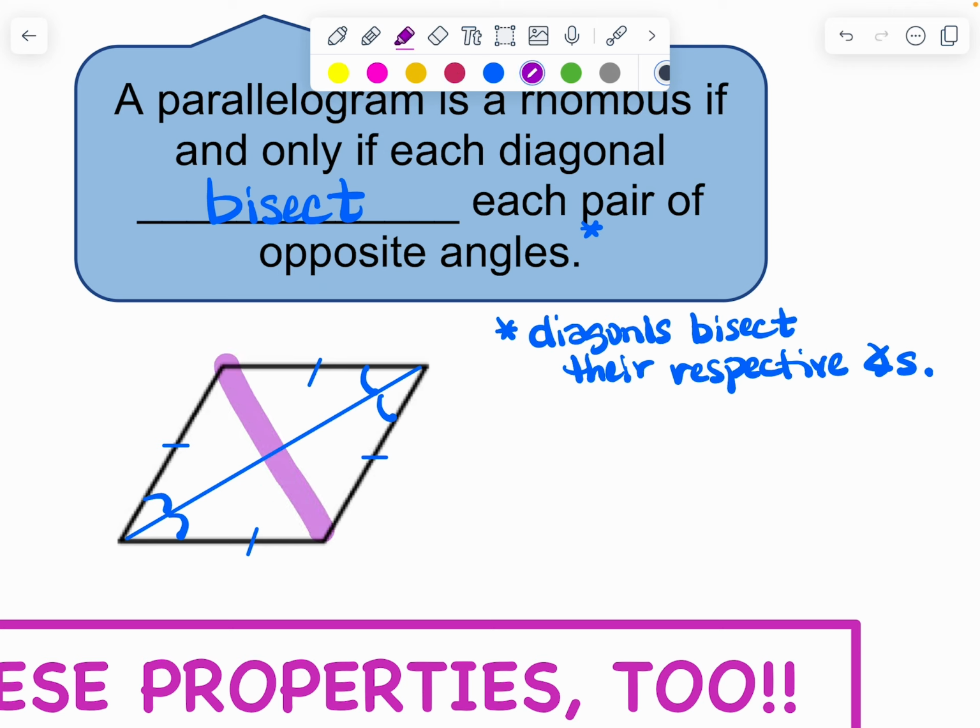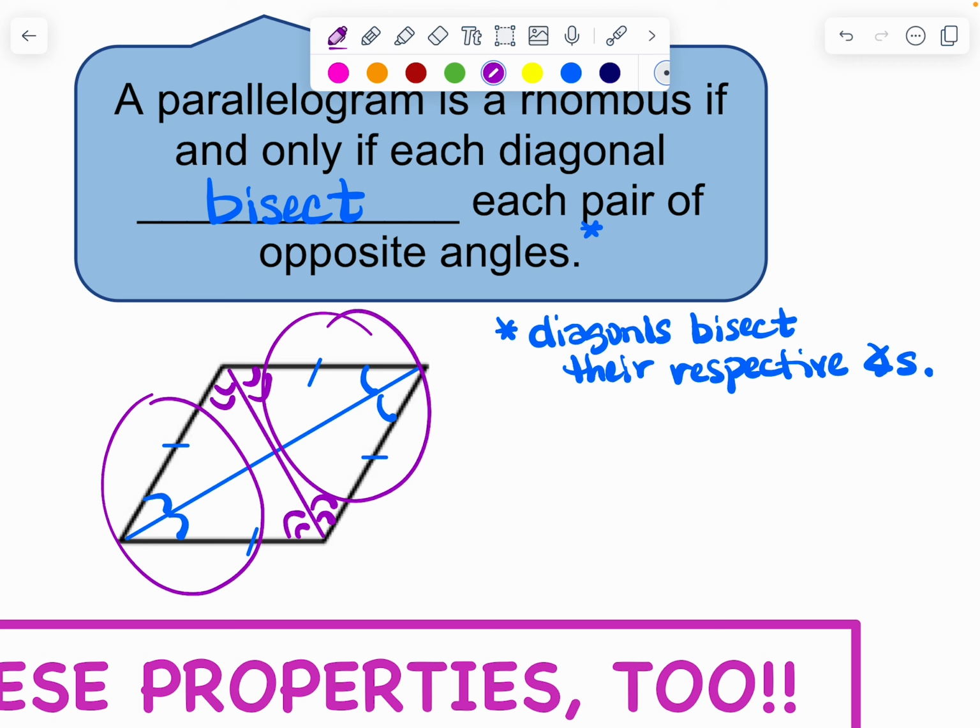And then, of course, there's another diagonal, so I can draw it. I can draw that diagonal, and I know that's also a line of symmetry, and so it's bisecting its respective angles.